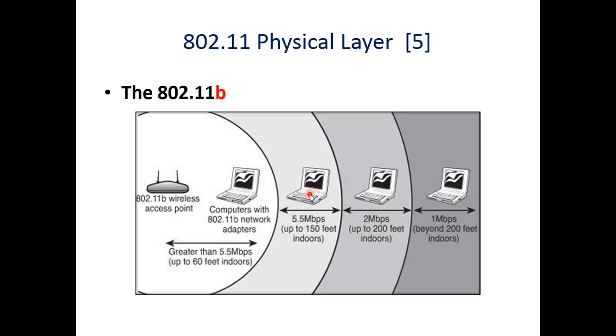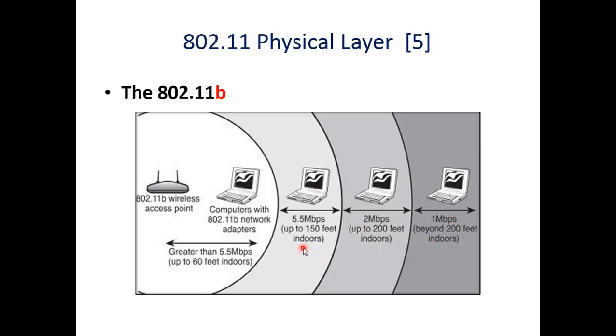If your computer is at some more distance from the access point, then the speed will gradually decrease. So computers with an 802.11b network adapter provide greater than 5.5 Mbps up to 60 feet indoors.